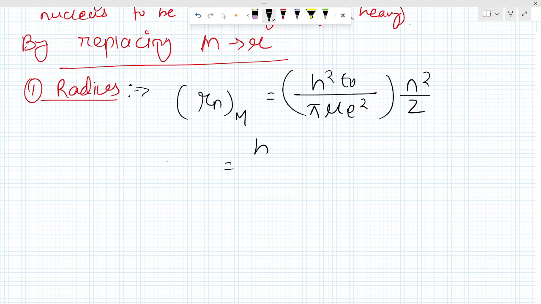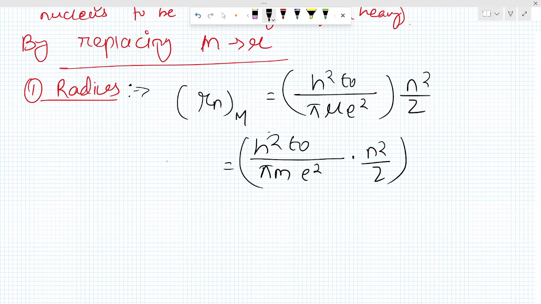Let me write it for you. h square epsilon naught upon pi m e square, n square upon z, multiplied by small m capital M upon capital M, because we are considering the capital M case.